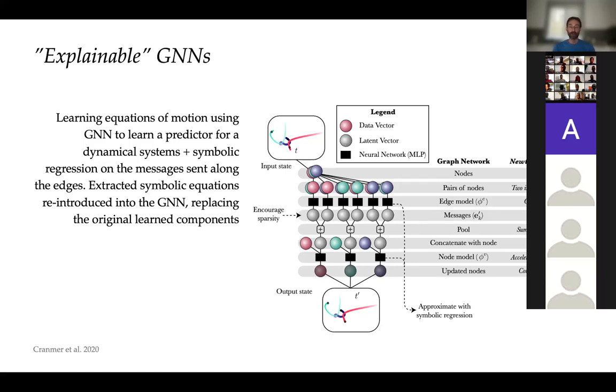And you learn generic message passing functions, usually small multilayer perceptrons, and then you regress symbolic equations from them. Replacing these generic message passing functions with symbolic equations gives you two things. First of all, better generalization, but second, you get the laws of physics from your problem.